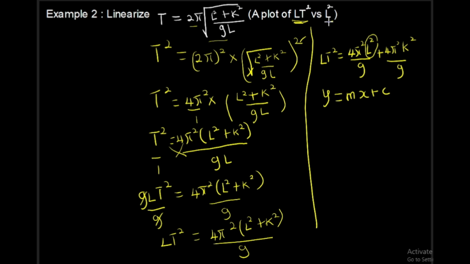Everything that is attached to L squared is your slope, so the slope is equal to 4 pi squared over G. The intercept is the term that is standing alone, the separate plus c, so our intercept is equal to 4 pi squared K squared over G. So this is our slope, this is our intercept, and this is our linearized equation.